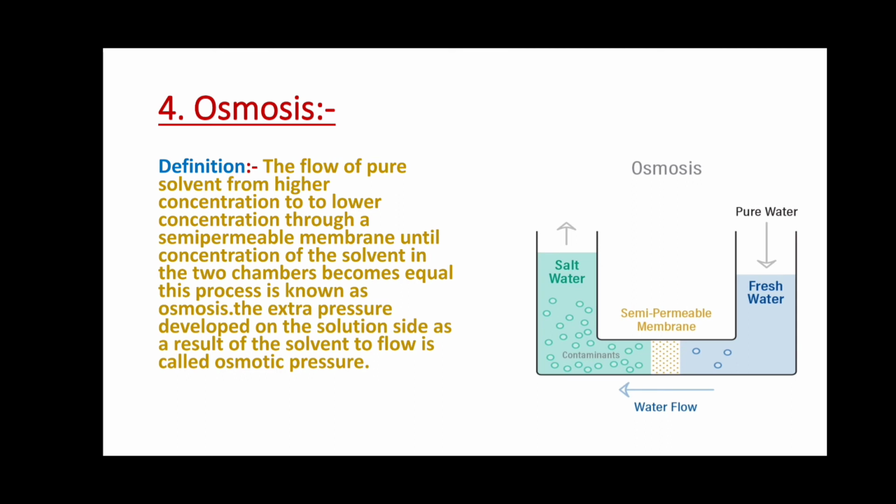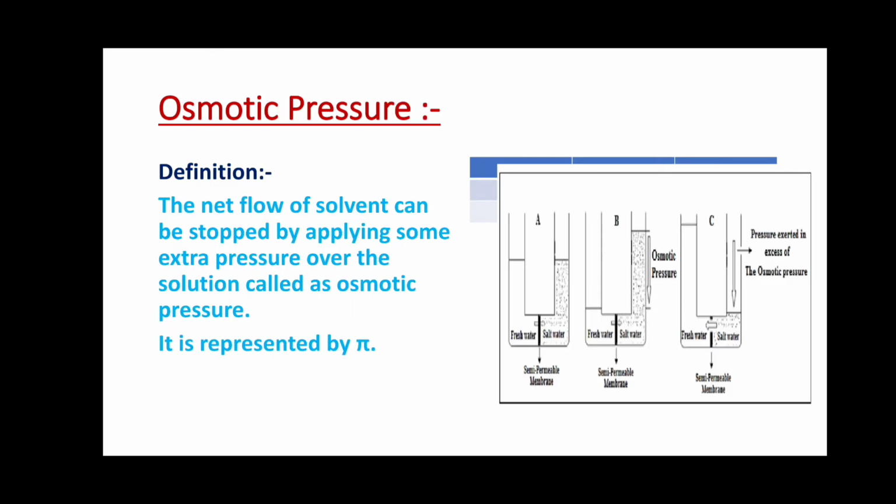So when we allow the pure solvent water through this semi-permeable membrane, it slowly flows from high concentration to low concentration, and the flow stops only when the solvent concentration in both chambers becomes equal. This phenomenon is called osmosis.